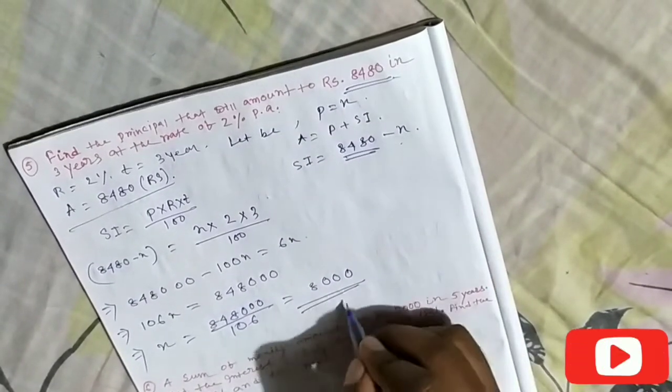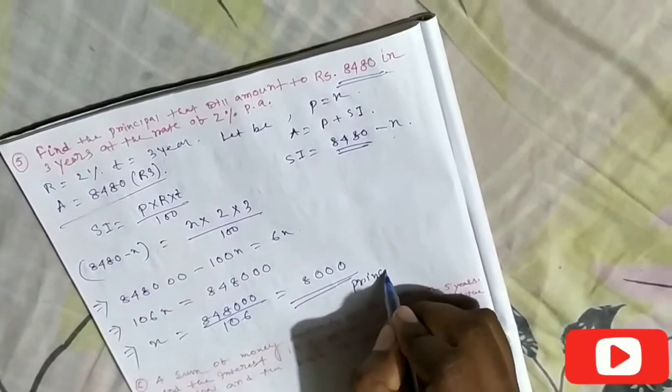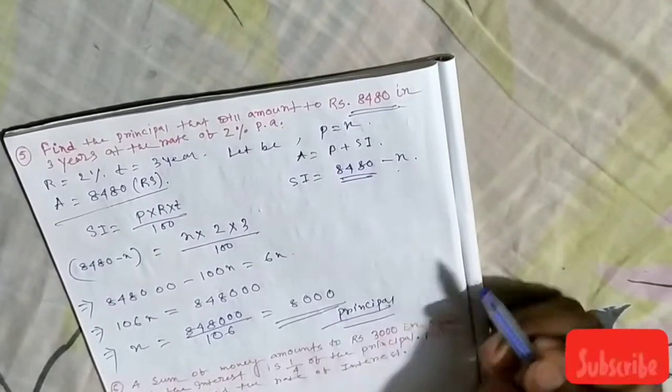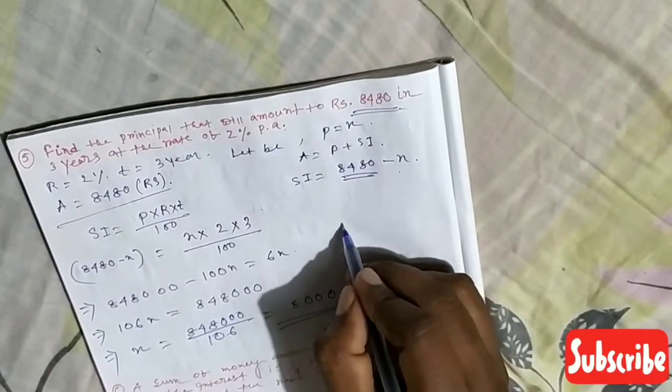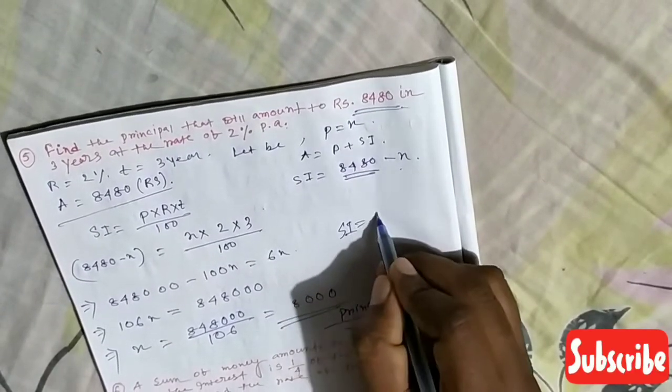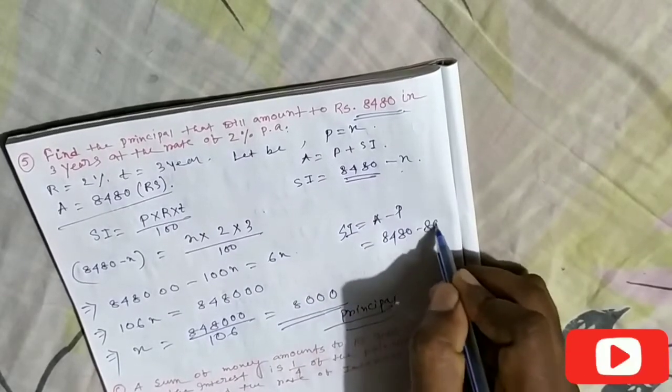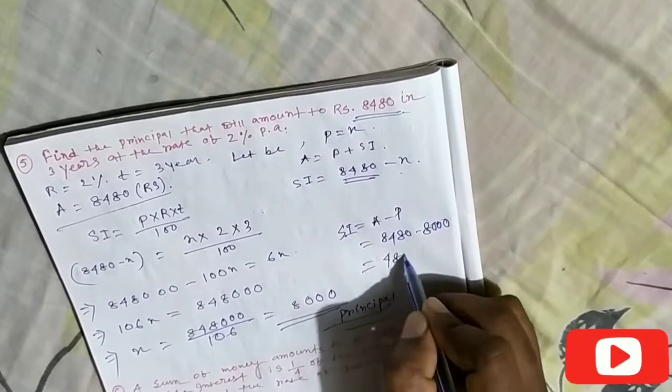This is the principal, and interest is equal to A minus P, 480 rupees.